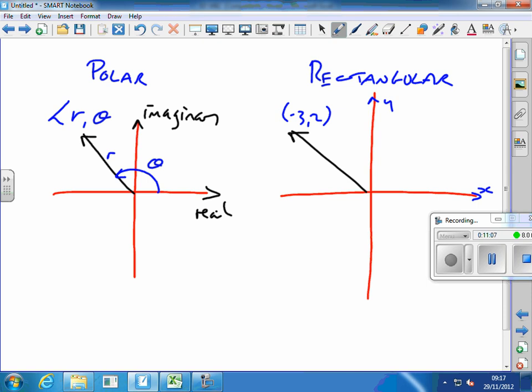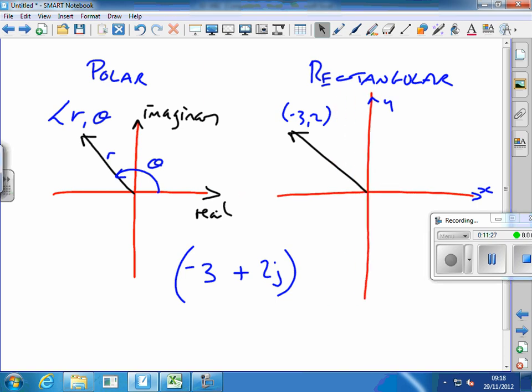So I can represent a complex number like minus 3 plus 2j as going minus 3 along the real axis, and up 2 along the imaginary axis.